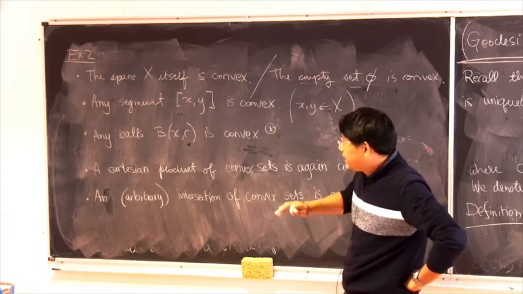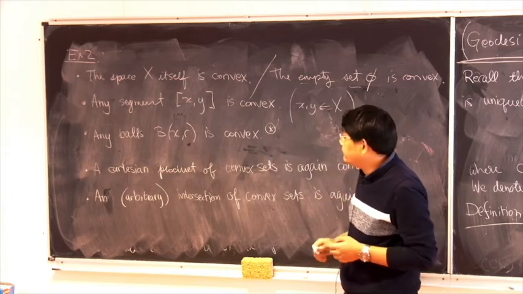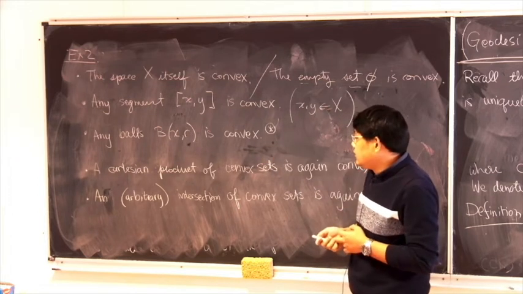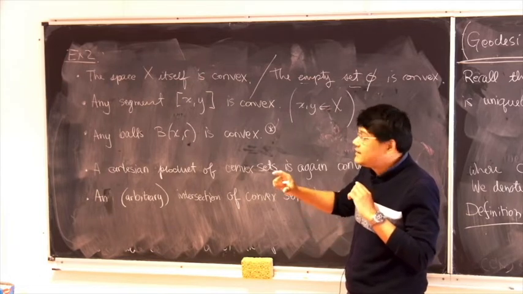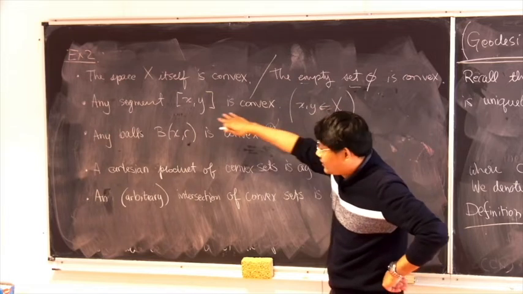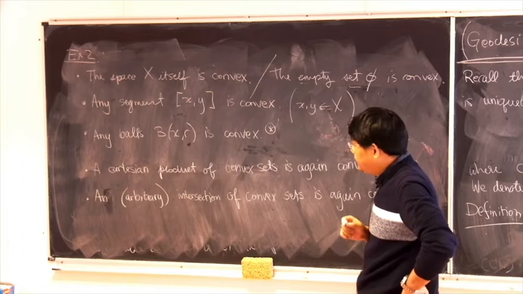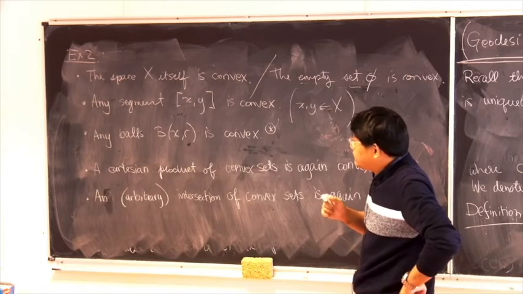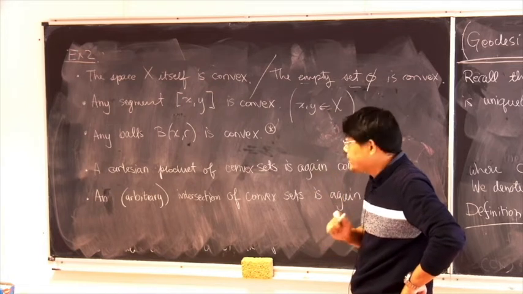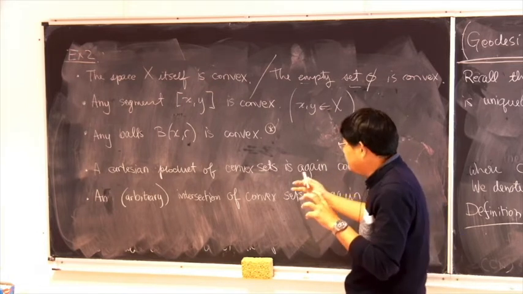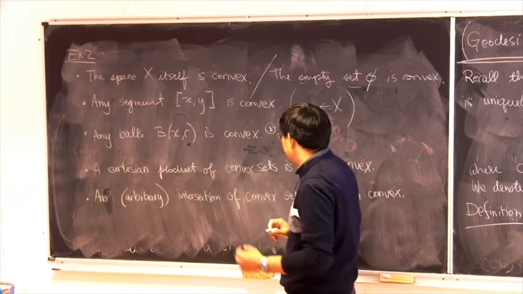But if kappa is positive, then we have to take care of this example because the inequality that I showed you around here, I just erased it, holds true only when the diameter of the space is strictly less than D kappa over 2. And that inequality plays a great part in showing that this ball is convex.